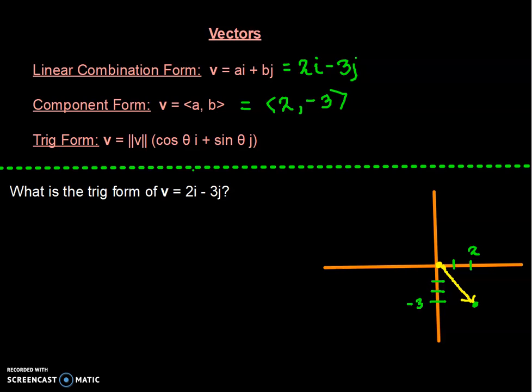Now, the question itself is asking for the vector in trig form. So in order to find it in trig form, you would find the magnitude of the vector. I'm just going to backtrack a little bit. Vectors are, remember, just the terminal minus initial point.